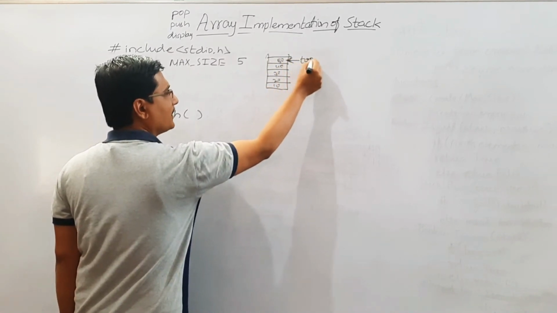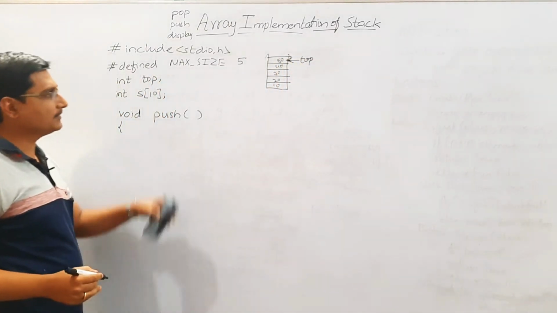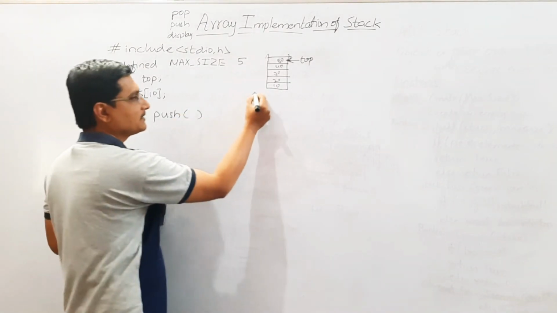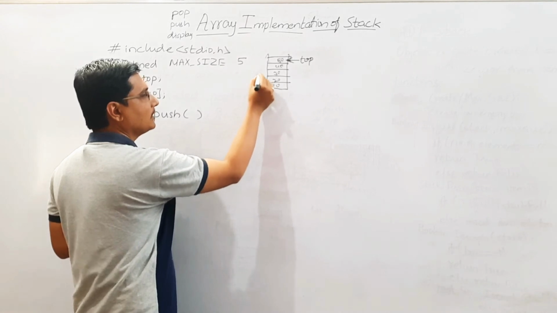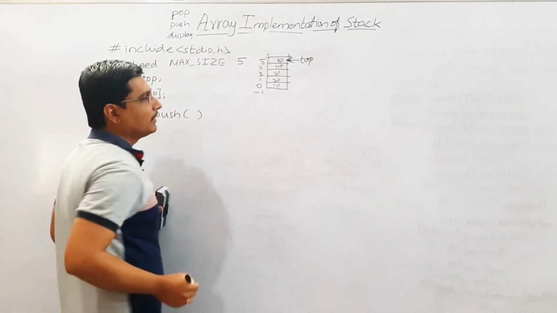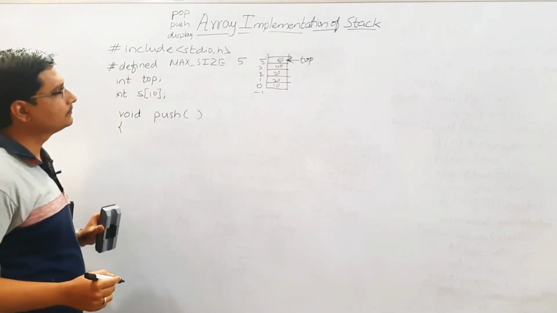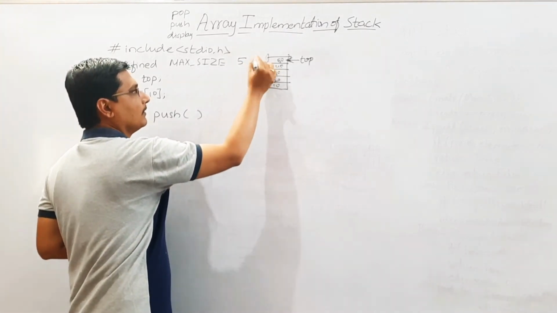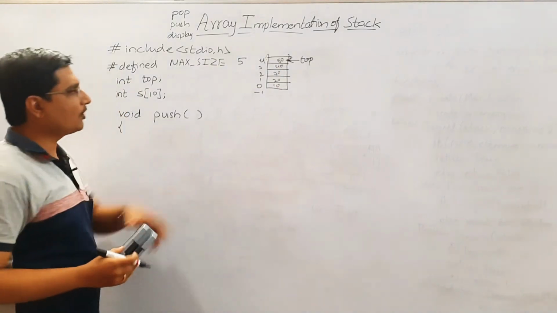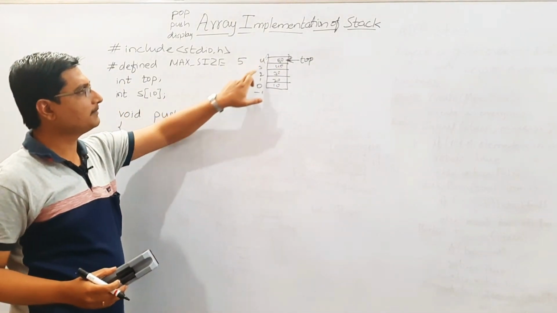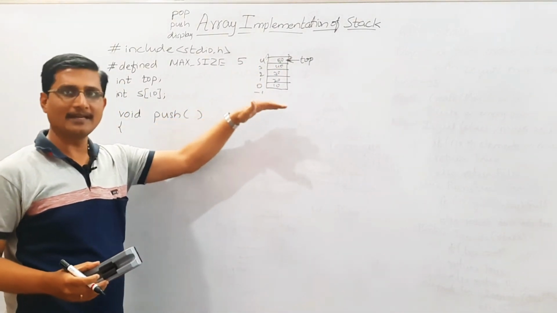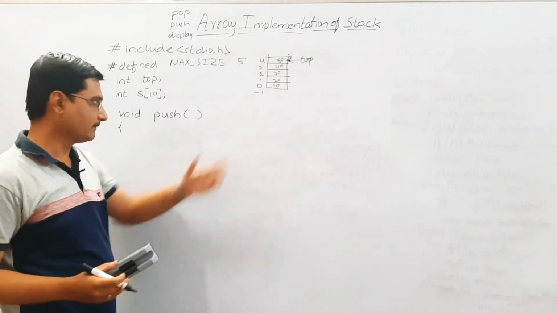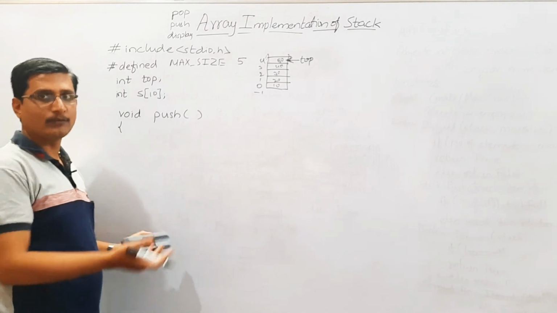whether top is pointing to the maximum minus 1th element, that is, this is -1, 0, 1, 2, 3, 4, sorry. If top is pointing to maximum size minus 1, it means that the stack is full, right? So that is the overflow condition. If it is overflowing, then we cannot insert.